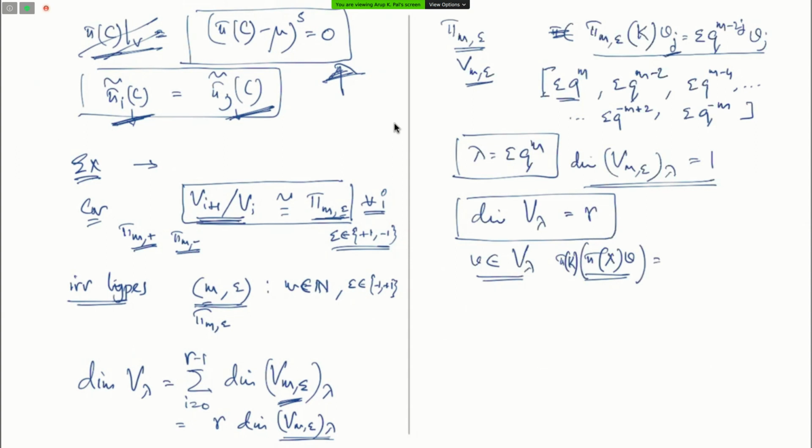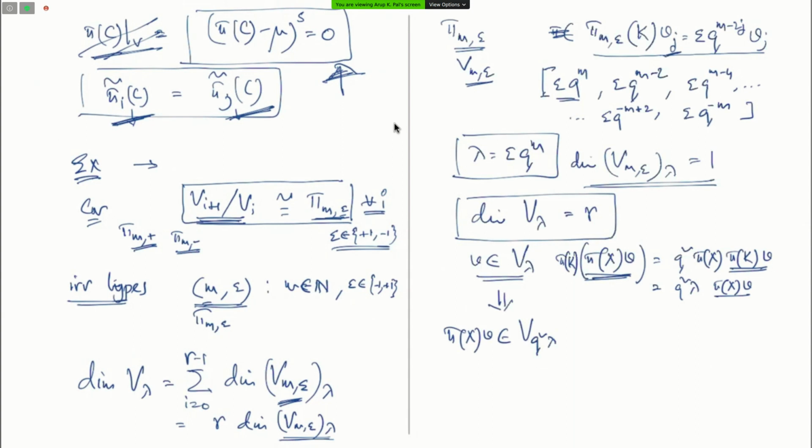So you use the commutation between k and x, so you get this q² π(x) k v. This is λ v, so this is q² λ π(x) v. So this implies π(x) v belongs to V_{q²λ}, right?